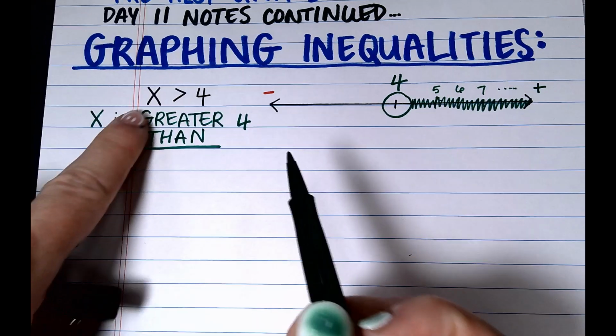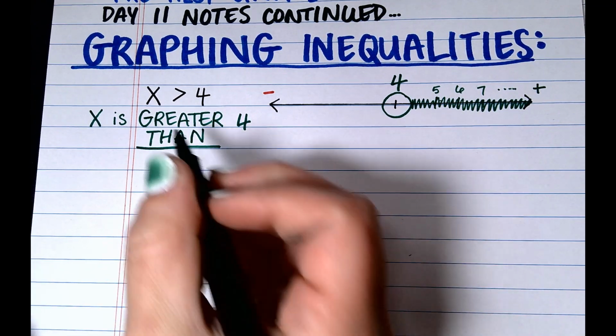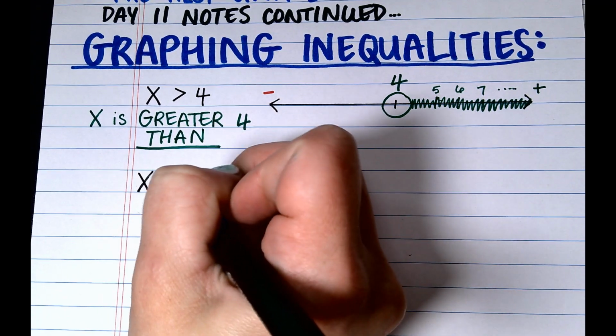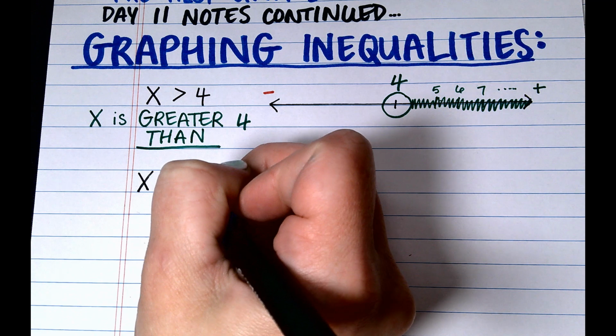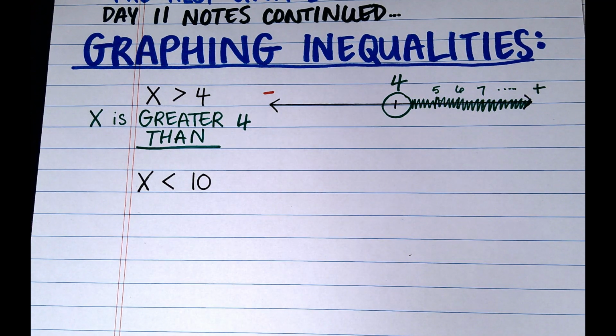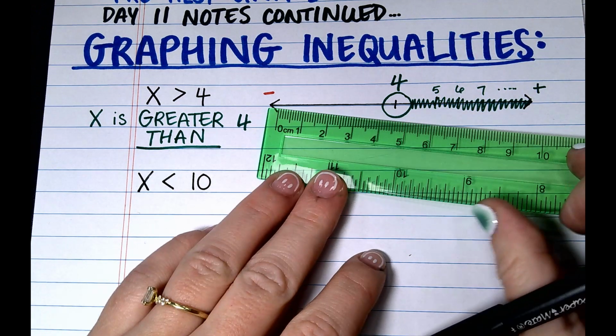So now let's try making a graph for less than. Let's say now x is less than 10. And I will go ahead and do the same thing I did above.